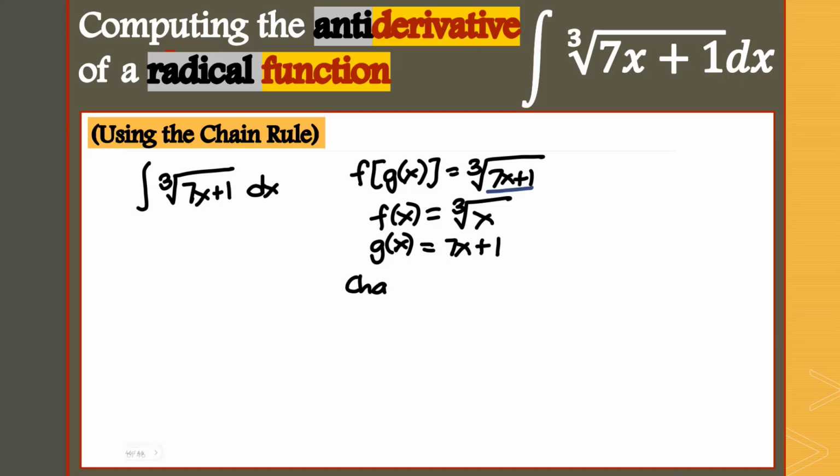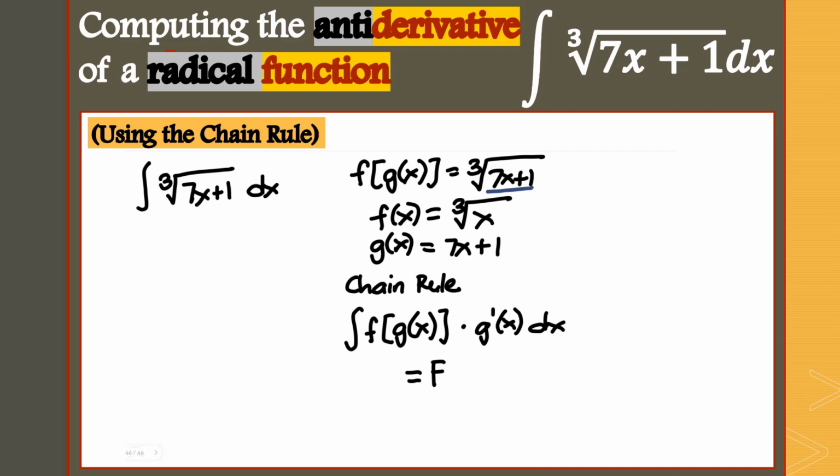The chain rule is of course very important in solving for the antiderivative of any composite function, which tells us that the integral of a certain function f of g of x together with a factor g prime of x dx would allow us to return to an antiderivative of the outer function f of g of x, plus c.